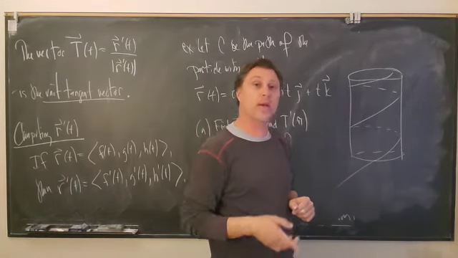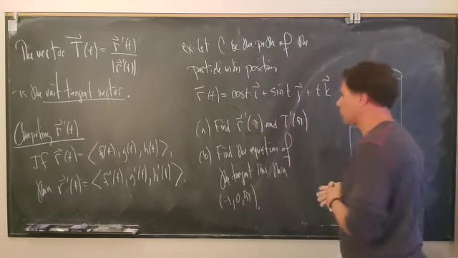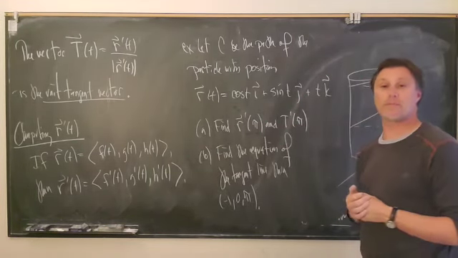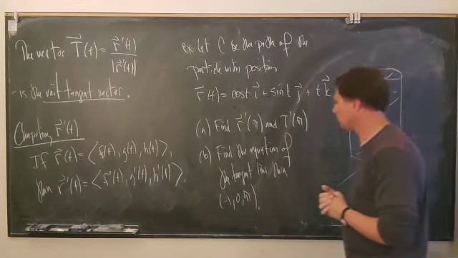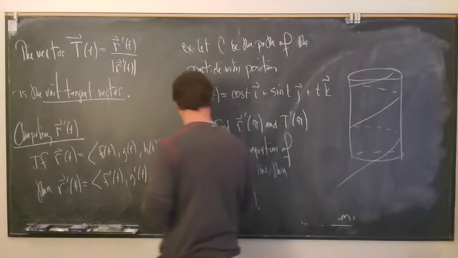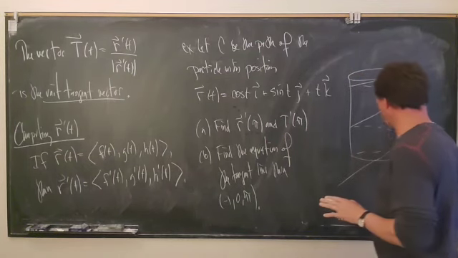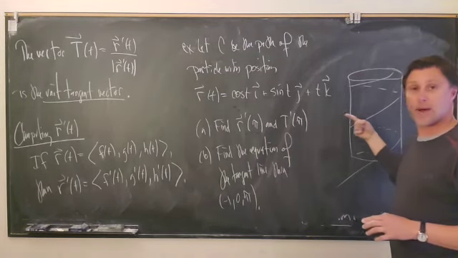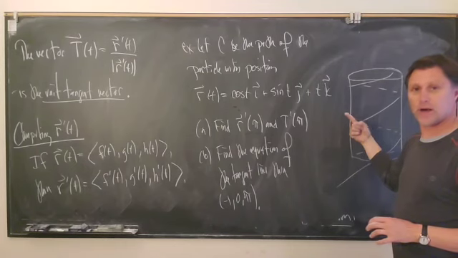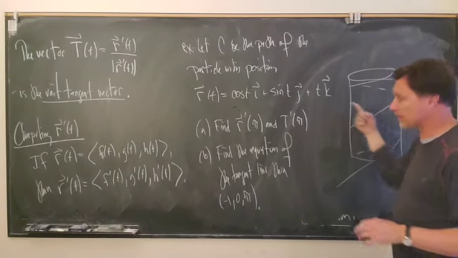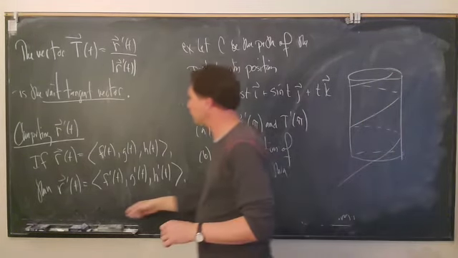So point in the direction of r prime of pi. Think about that for a minute, and in your head think about what's happening as you go around. r prime of pi is going to be pointing in that direction, right? So our answer should match this idea right here, that direction.